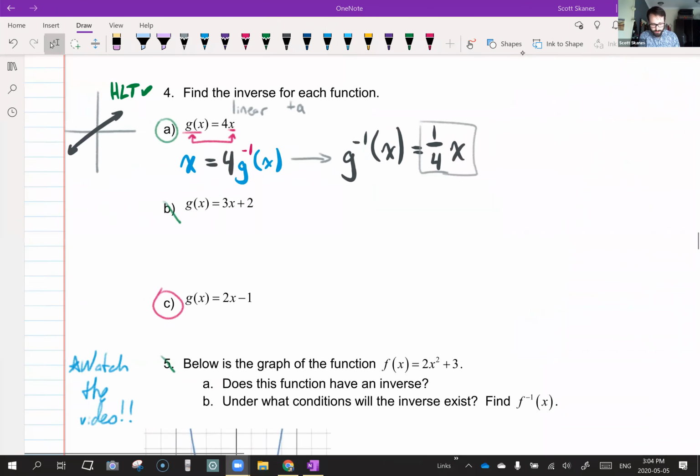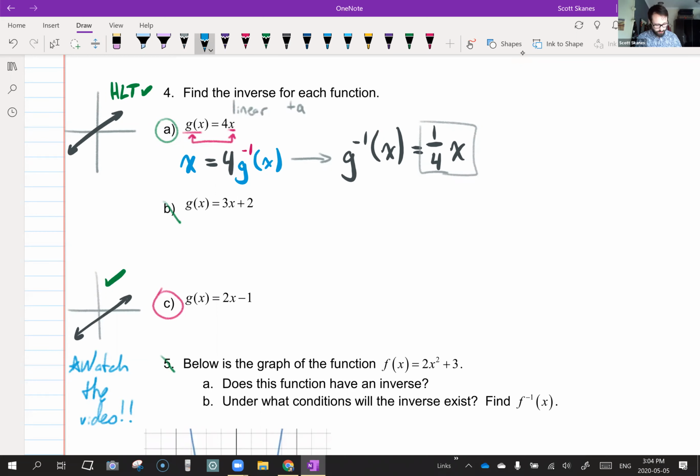I'll try another example. Tom did the B example. I would like you to try C, just to see if you got an idea here. Before you do that, I just want to sketch it. I can see that this is clearly a linear function, and it's shifted down a little bit, so it'll look like this. But if it's linear, it's going to pass the HLT, right?